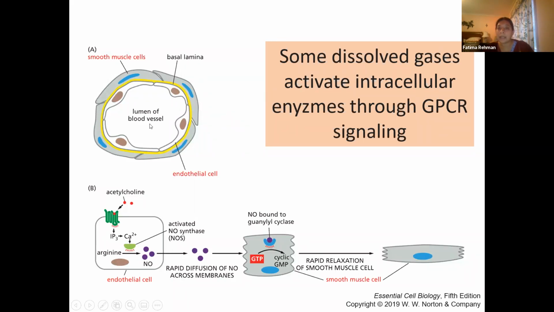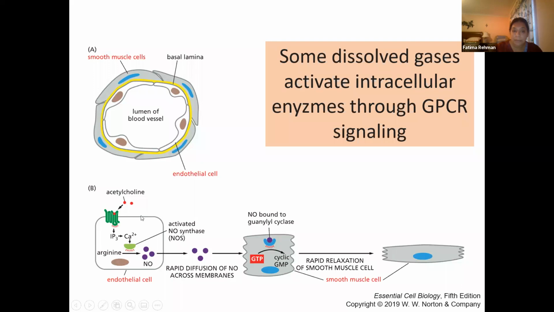But these can also bind to the actual G protein receptor and form a response. So there are two ways that it can have a G protein coupled receptor signaling response. One is, if you were looking in our blood vessels as you have the gas exchange happening, you will have these gas molecules that can bind to the G protein receptor itself.